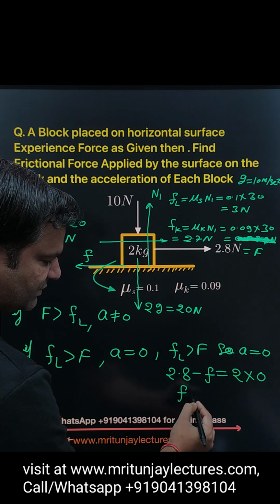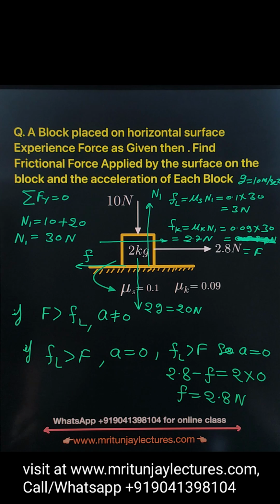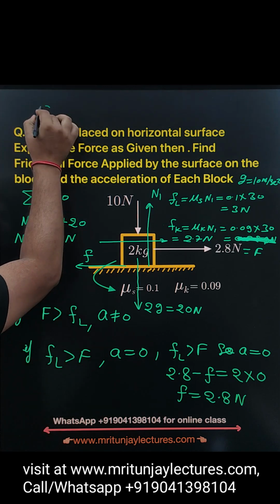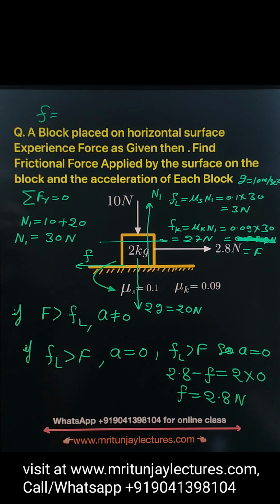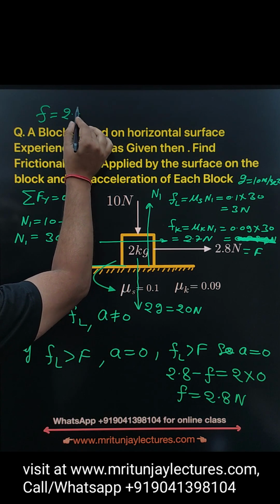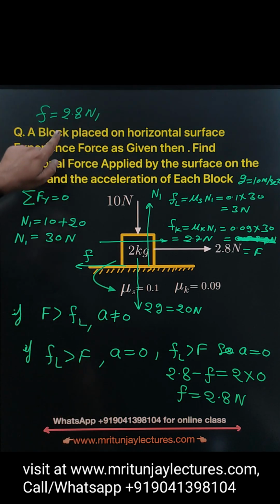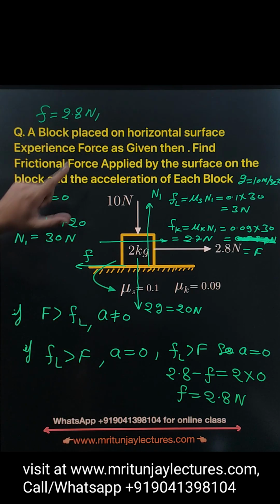So the frictional force is 2.8 Newton. The frictional force developed by the surface on the block is 2.8 Newton, and that force is called static frictional force.